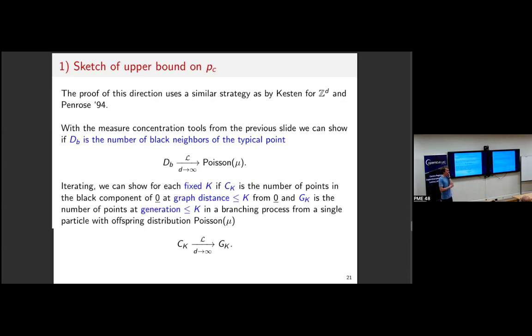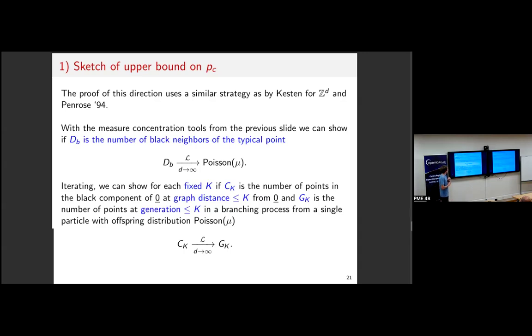You might remember this mu was larger than 1, so this is just the offspring distribution of some supercritical branching process, and the expectation of the random variable is larger than 1. So you already know that if you do this infinitely long, you will have an infinite component.